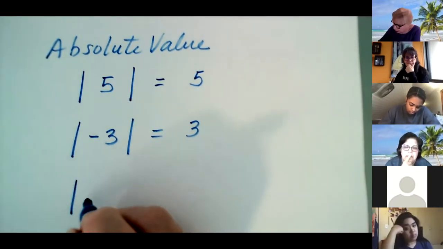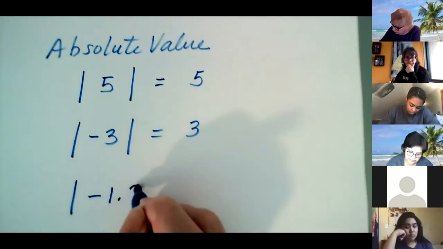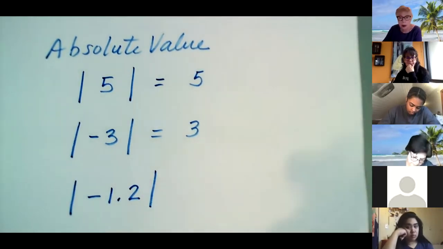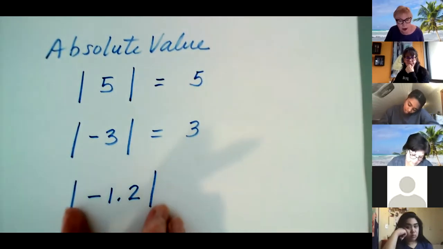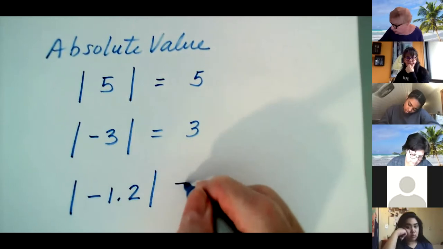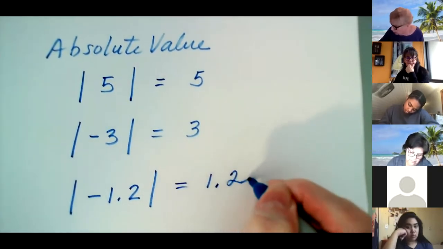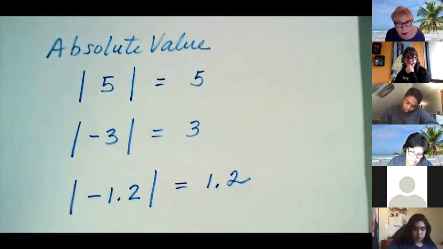So it doesn't matter. So regardless of what the number is, when you see absolute value around it on either side like that, then the answer, of course, is just the number regardless of the sign, just that number.